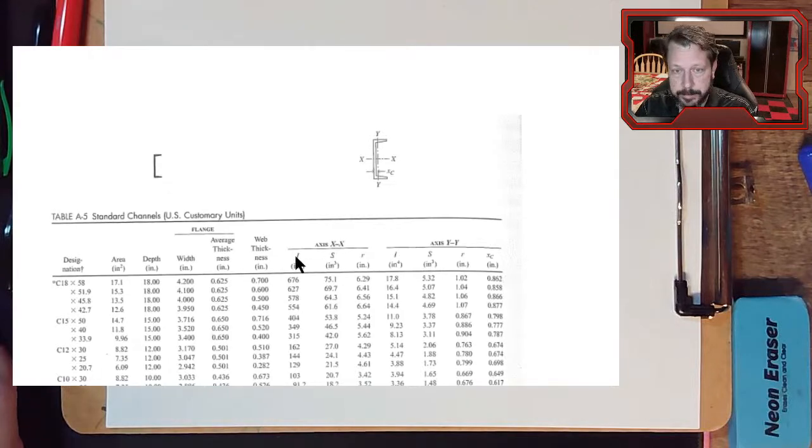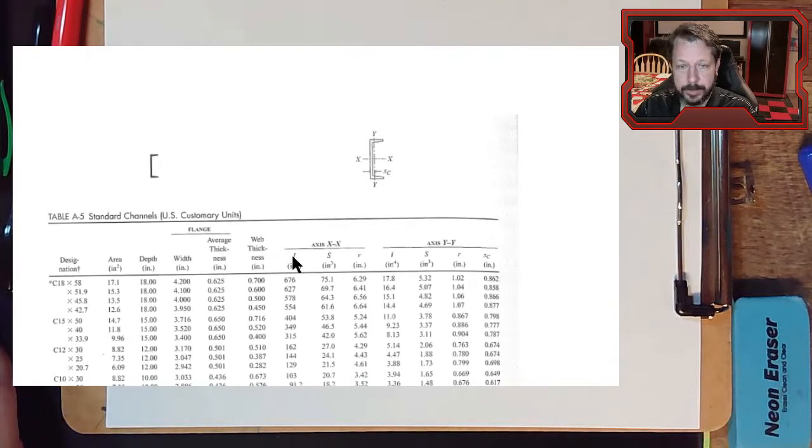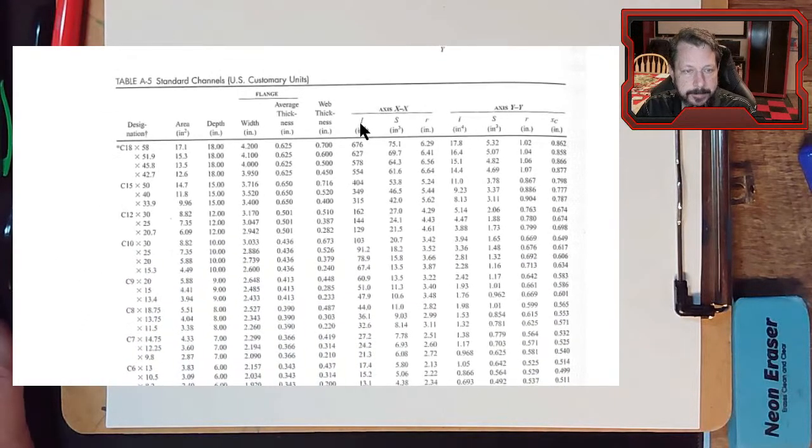You can look at the diagram in the top right corner, and it has a small label named X sub C. In the far right column there are values for X sub C, which is the location of the centroid for this channel. They've got it oriented in the X direction. We'll just call that Y sub C when we use it, but they've got that measurement already done. The second column has areas already calculated.